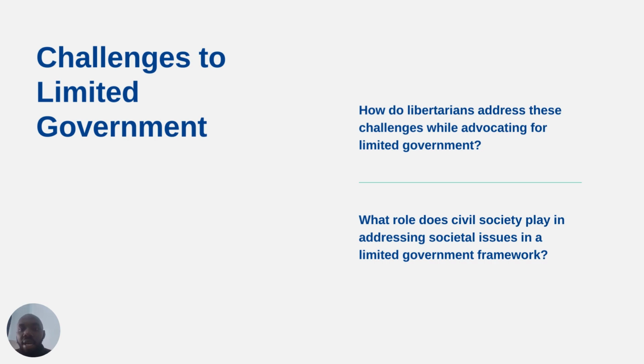But then, how ideally are we able to address these challenges while advocating for limited government? When you will be writing about limited government as one of the topics that you're interested in, how are you keen to address these challenges and ensure that you still get to be able to advocate for limited government? And even when you are writing about limited government, what role do you think civil societies play in addressing societal issues in a limited government framework?